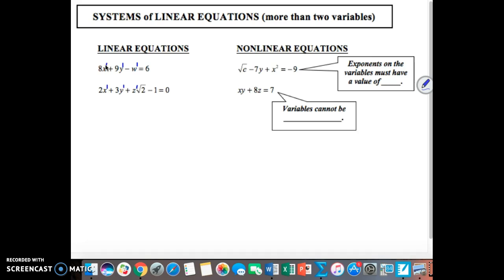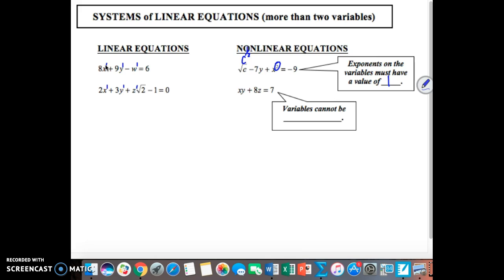We can also have nonlinear equations. So this is in the form like square root of c minus 7y plus x squared equals -9. We are not able to solve for this because exponents on the variables must have a value of 1. Since the square root of c has an exponent of 1/2, and the 2 on the x tells us we are not able to solve.